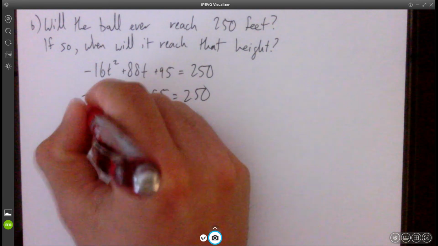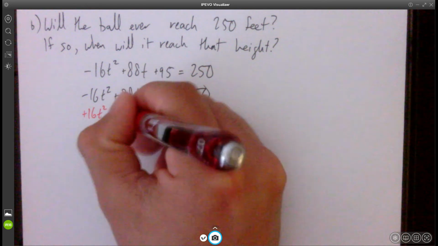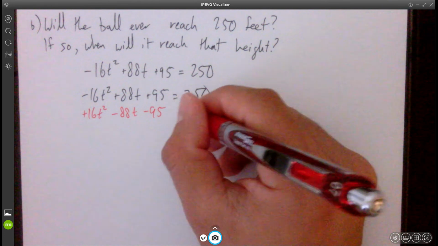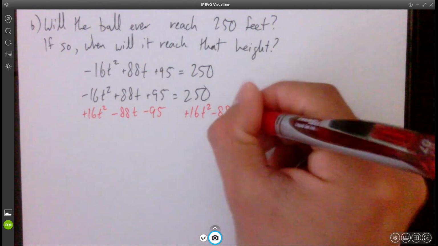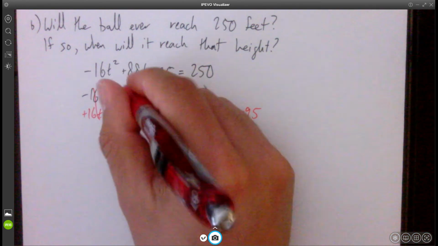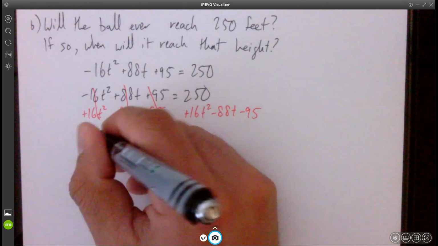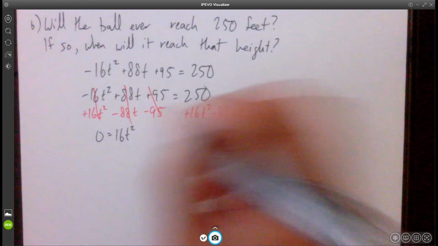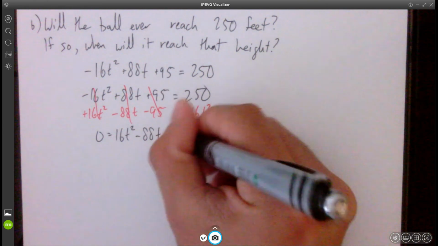Plus 16t squared minus 88t minus 95. I'll do the same thing over here. These cancel, all three of those make a 0. 0 is equal to 16t squared minus 88t minus 95.